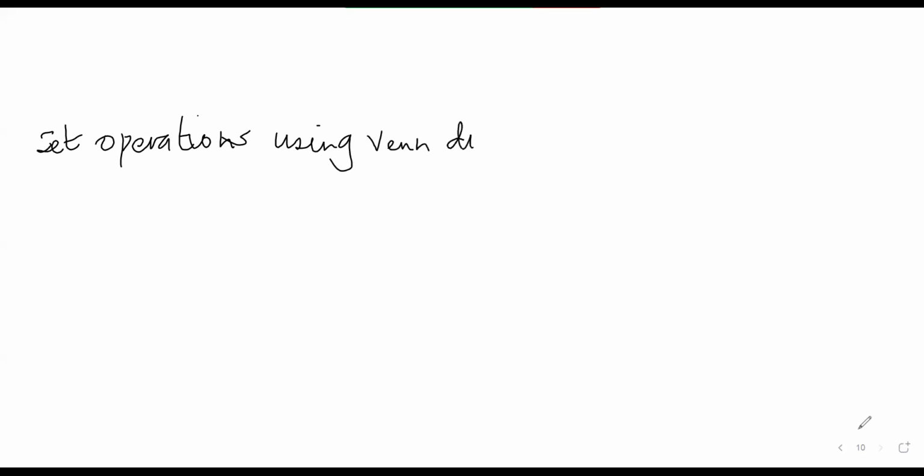Sometimes Venn diagrams make it easy to state operations.